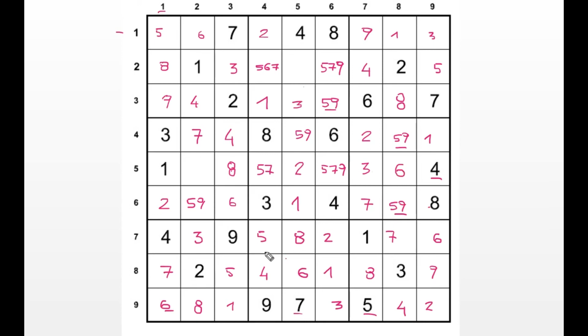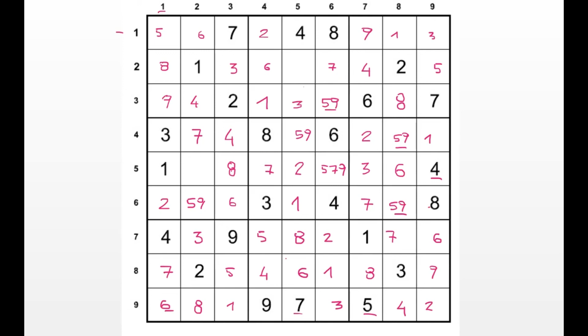Here is number 5, and here has to be number 7, and 5, 7, here will be finally number 6. Here is a number 5, here will be numbers 7 or 9, and here is a number 7, here cannot be number 7, which leads to the conclusion that here has to be number 7.